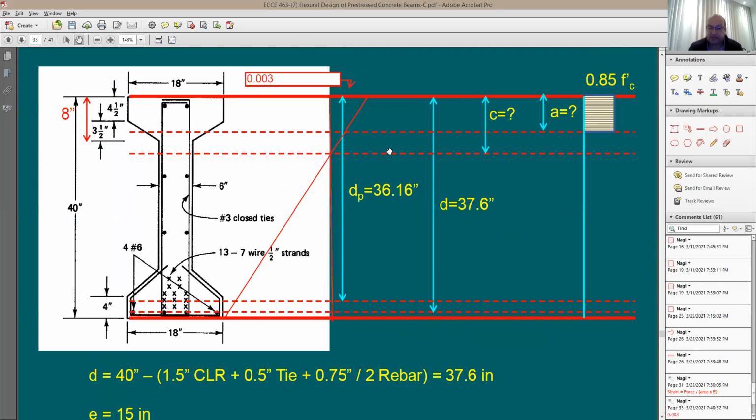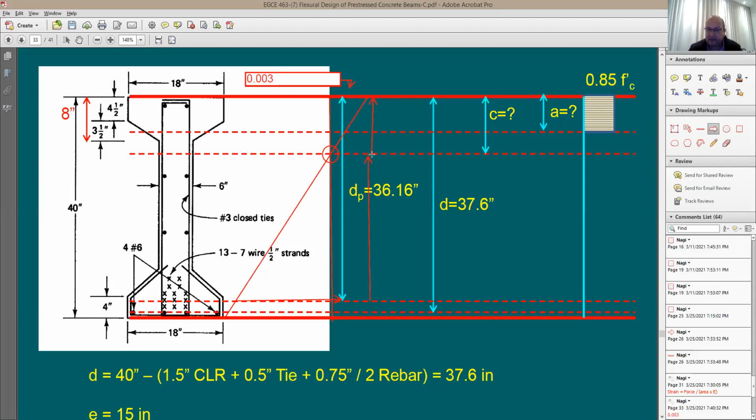Now the question is, how much is the strain at dP? If this is going to be the neutral axis, because it's going to be the C, this means it's the intersection point between the datum and the strain gradient. How would you find out the strain at dP? I can do it like this. You take this strain divided by 0.003, and it's going to be equal to dP minus C, which is this length, divided by C. What is C?